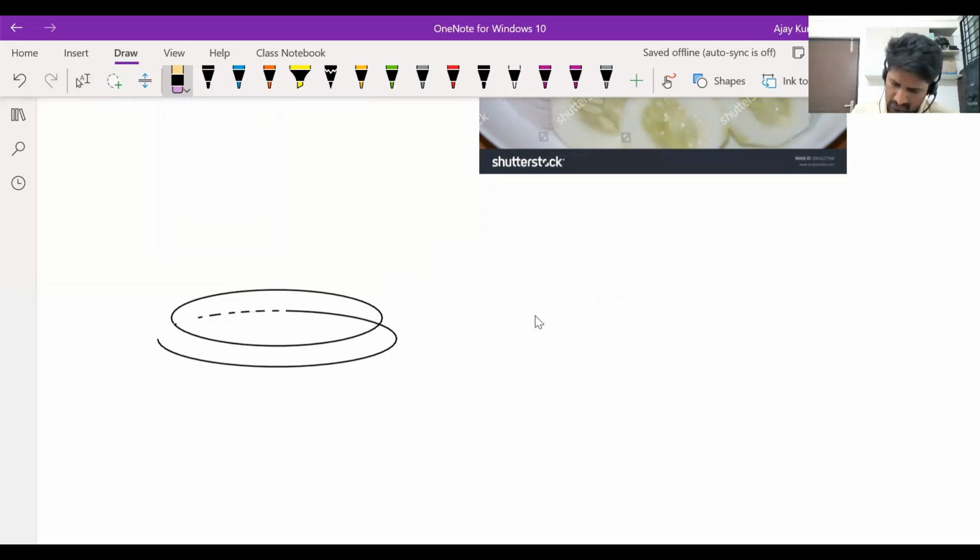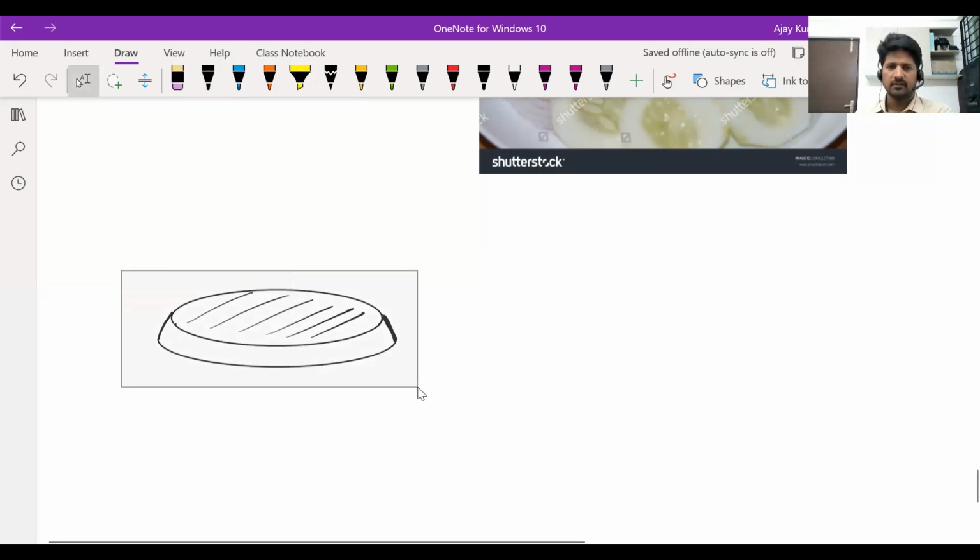The disk element has slant edges like this, and this is what it looks like. This whole region is filled with mass.